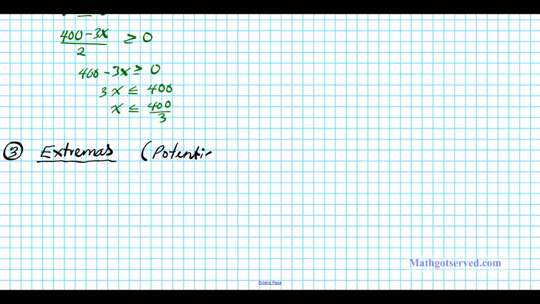The candidates that we're looking at are our critical points and endpoints. That's what forms our potential extremas. Okay, let's find the critical points first.